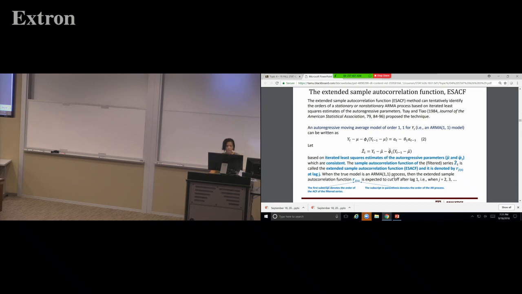So the idea here is, if your true model is an ARMA 1-1 process, then your extended sample autocorrelation function, R sub J of 1, should cut off after lag 1, and that's when J is equal to 2, 3, etc. When you're looking at the subscripts of the extended sample autocorrelation function, the J is going to denote the order of the ACF of the filtered series, and the P, here 1, the subscript in the parentheses, is going to denote the order of the AR process.